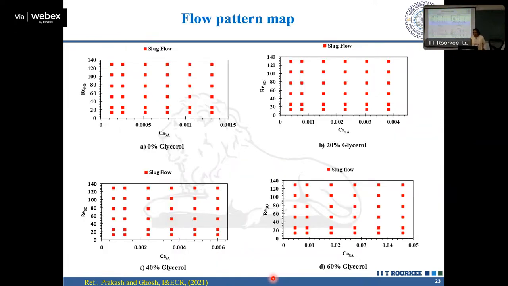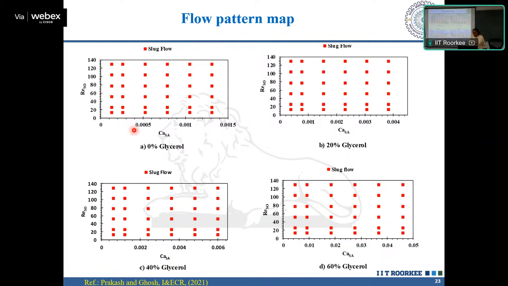So this is the flow pattern map for all the cases. Since there are differences of physical properties in the phases, with phases having different density, viscosity, and surface tension, they have plotted in terms of non-dimensional numbers so that we can have a better idea about the forces acting on the phases, so we can compare.